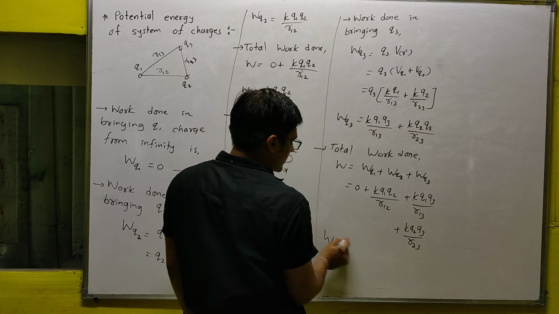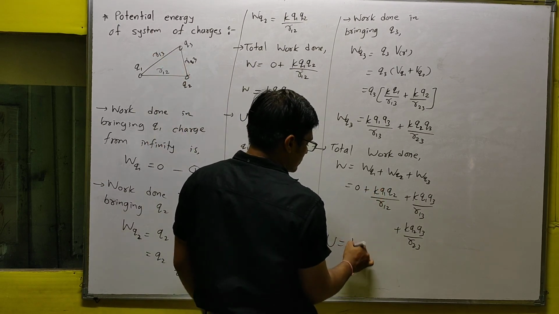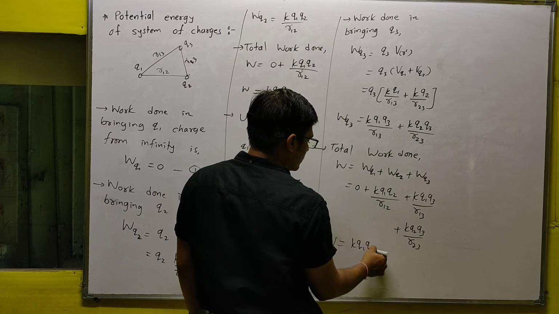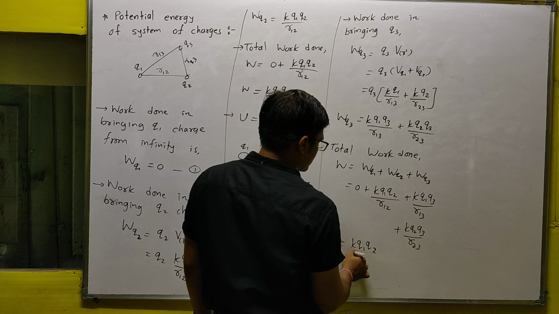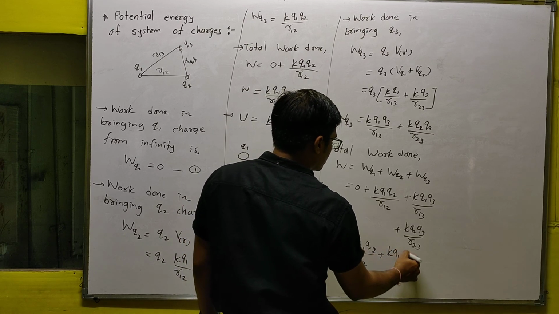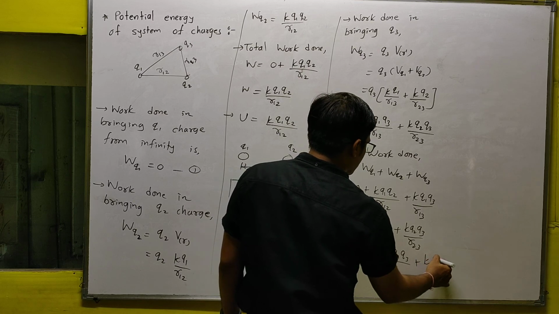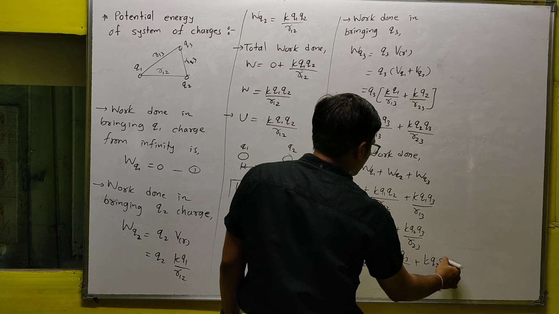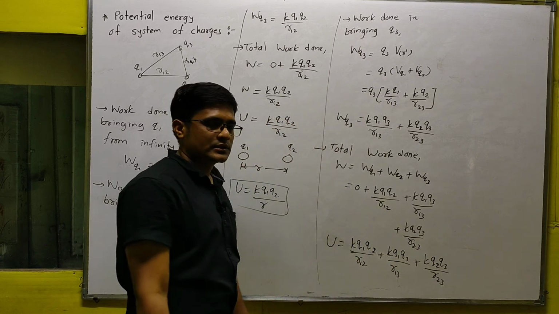This work gets stored as the potential energy of the system. So the potential energy of a system of 3 charges is k q1 q2 by r12 plus k q1 q3 by r13 plus k q2 q3 by r23.